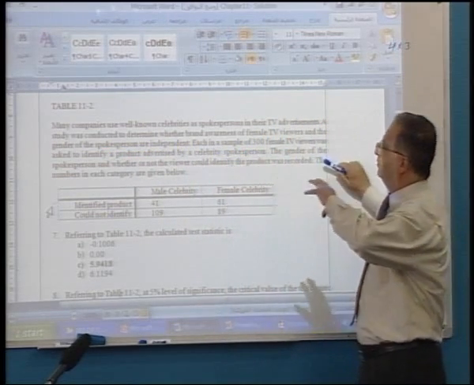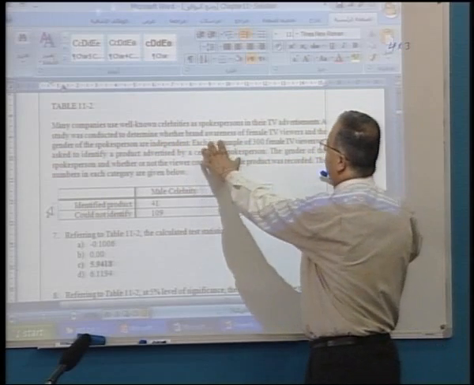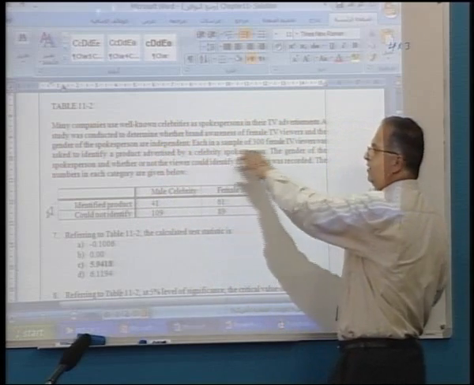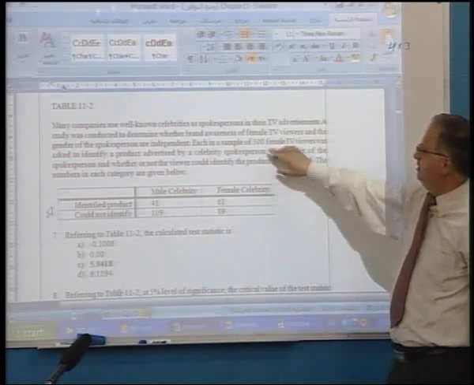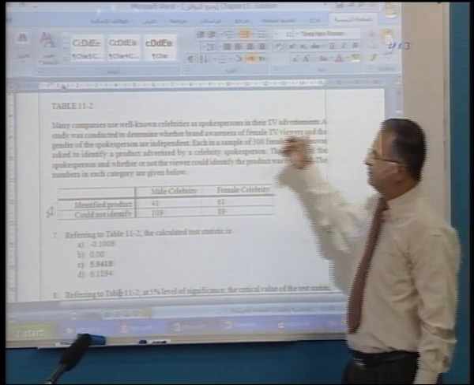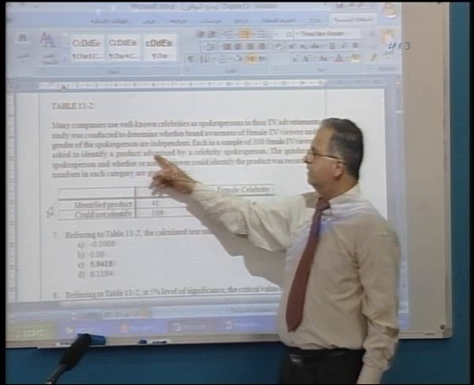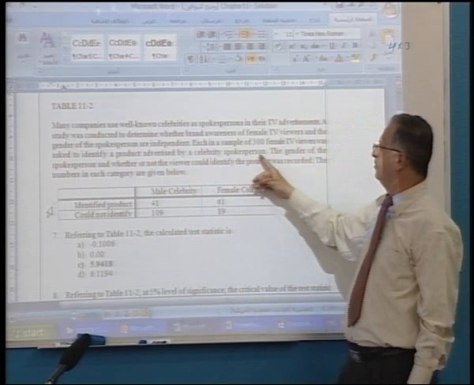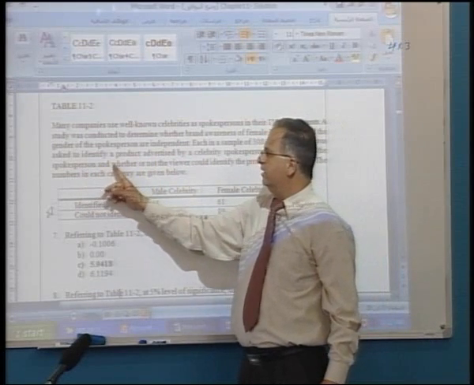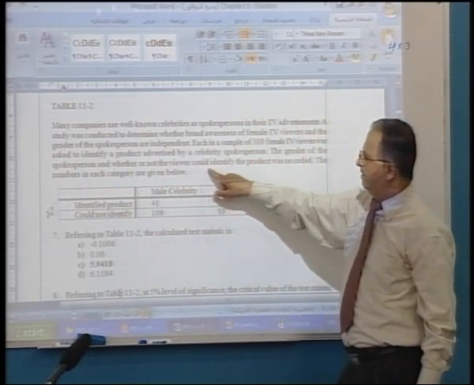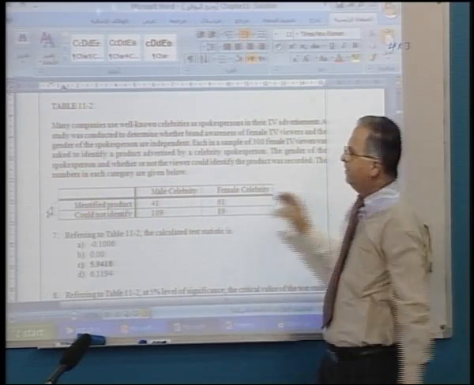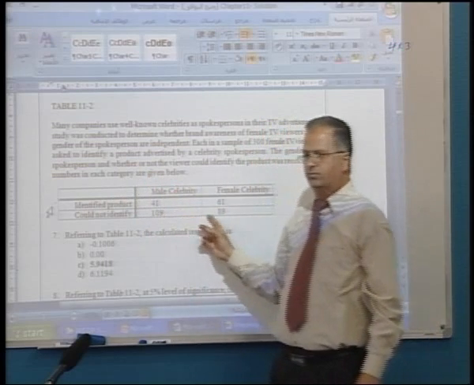So there are 2 variables. Each in a sample of 300 female TV viewers was asked to identify a product advertised by a celebrity spokesperson, the gender of the spokesperson, and whether or not the viewer could identify the product was recorded. The numbers in each category are given below.